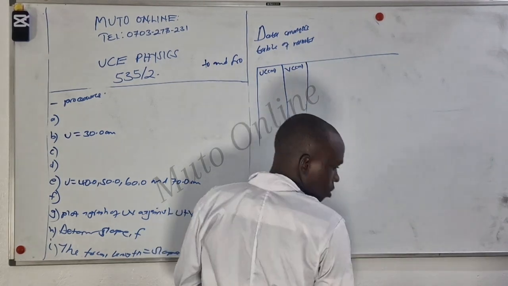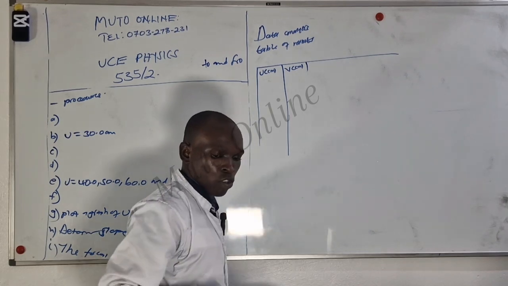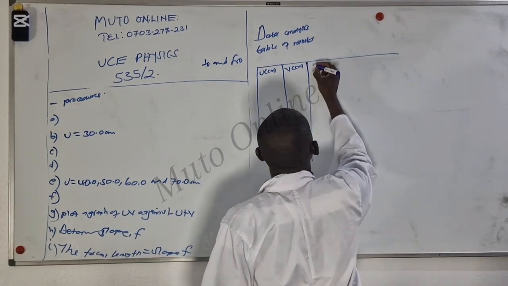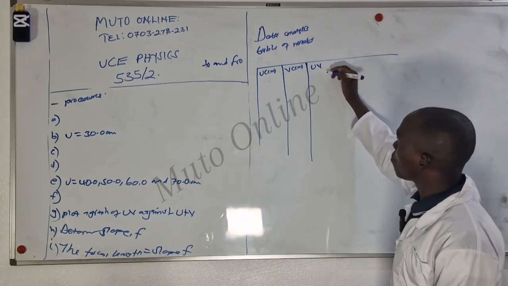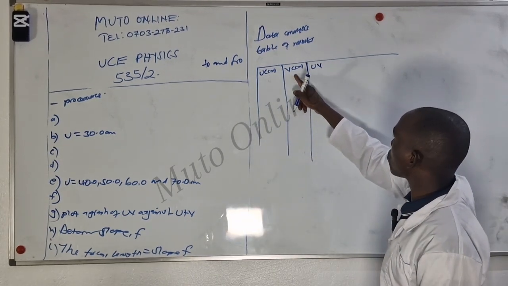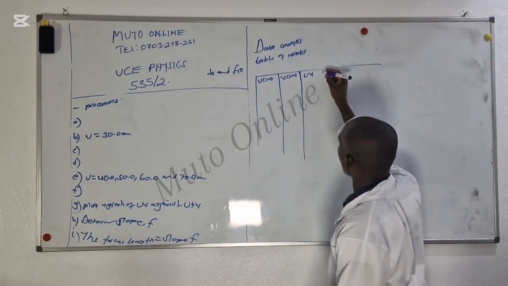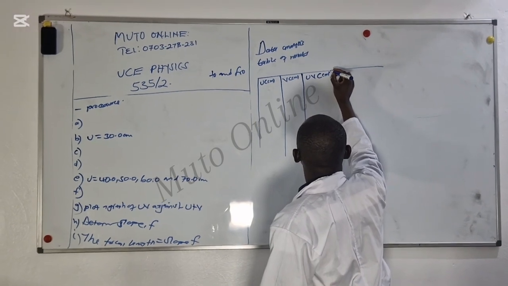Then we've said in our table, include values of uv and u plus v. So we shall have another column of uv. Now, the unit for uv, if u was in centimeters and v was in centimeters, uv simply means centimeter times centimeter, so the unit here will be centimeter squared.